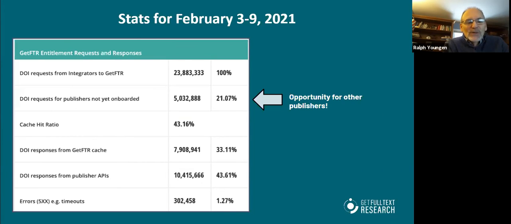And I just do think that we have to be careful not to give too much information from that central GetFTR service to the publishers in terms of the traffic that we're seeing, because we did not create GetFTR to be a source of business intelligence for anyone. We created GetFTR to streamline the pathways to content, and that's really the reason that it exists.